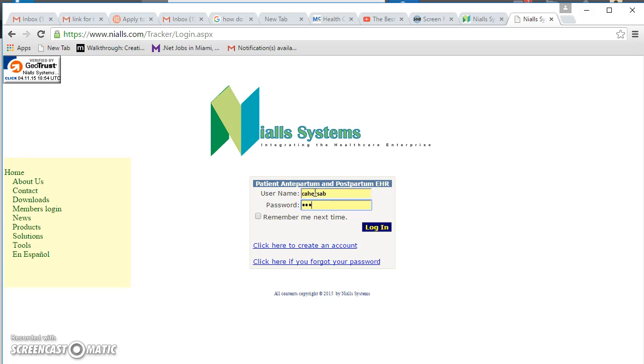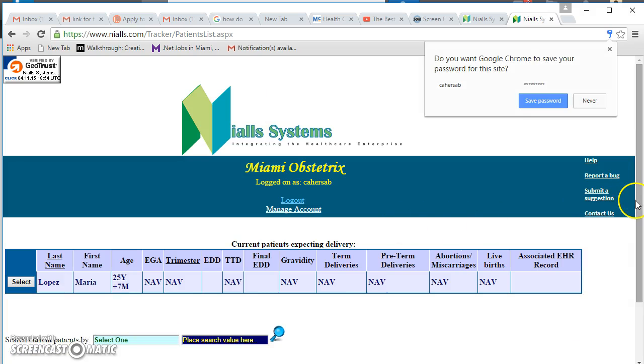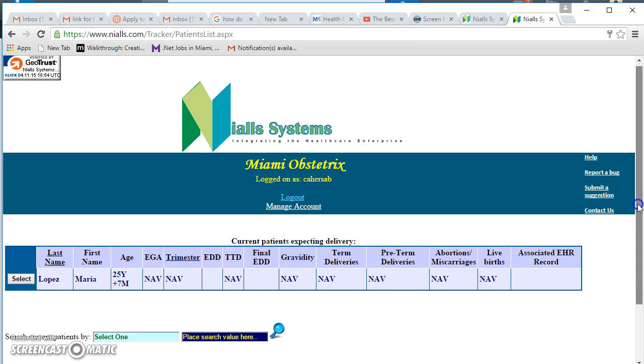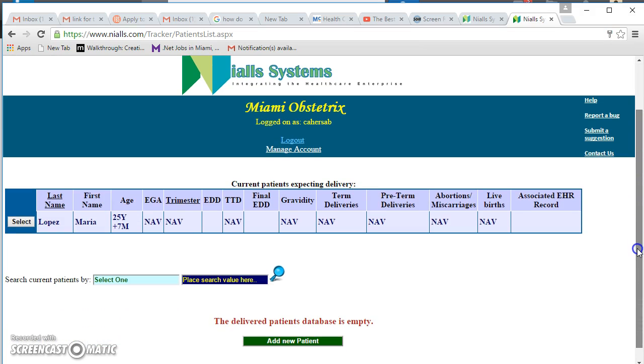In other words, a doctor or a patient can include their information and find out how a patient is doing. So for instance, I have a patient that I have started right here, Maria Lopez, and I can go into her record and try to continue on.